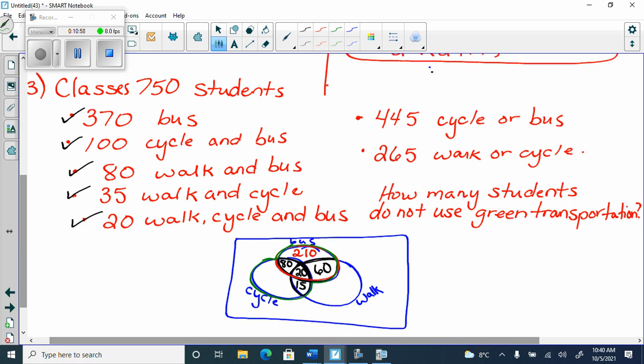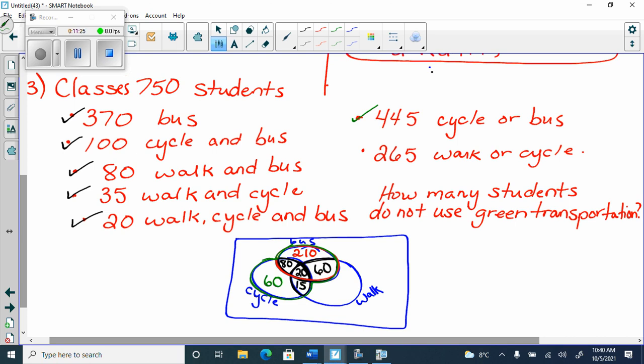I need 445. So how many cycle only? 60. I go 445 minus the 385 that are already doing it. So unless it says only, you are subtracting.